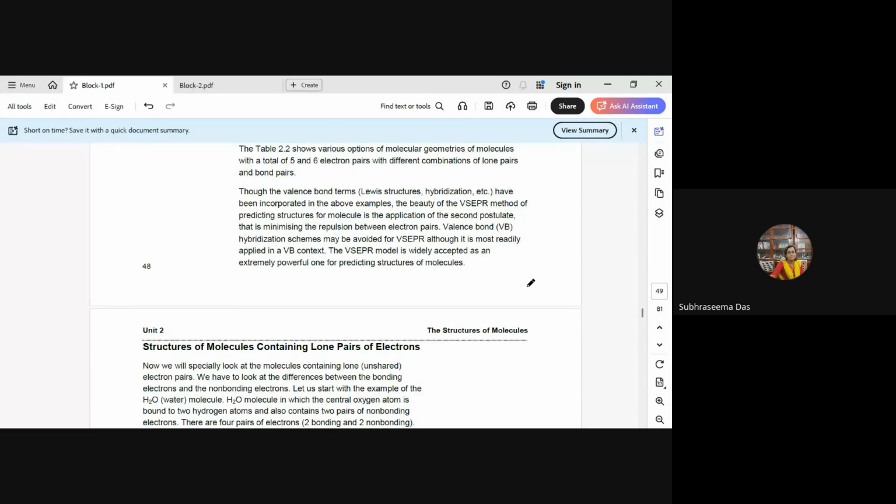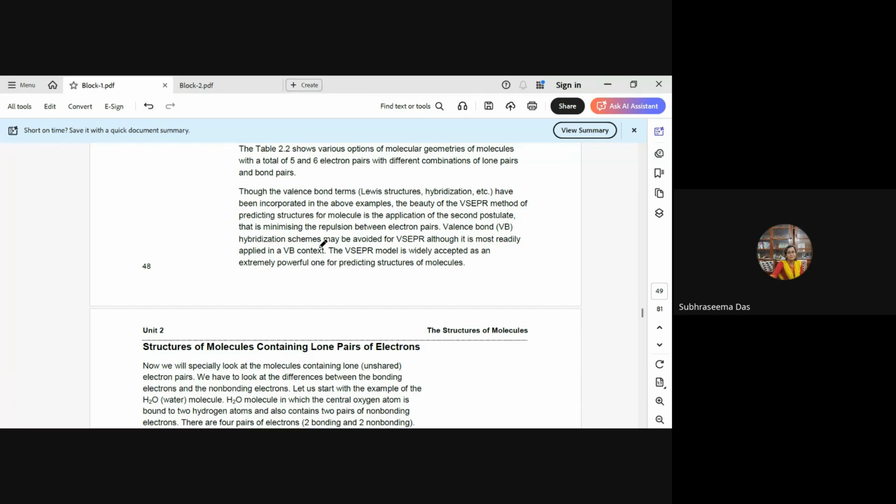Though the valence bond theory has been incorporated in the above examples, the VSEPR method of predicting structures is mostly based on the second postulate, that is, considering the electronic repulsion, which is most important. The hybridization schemes may be avoided for VSEPR, but they are also very important in the valence bond concept.